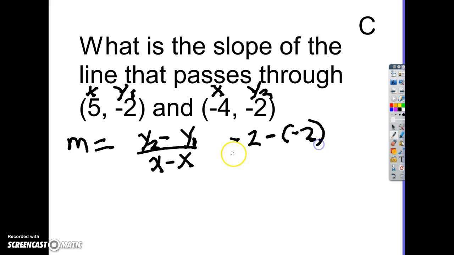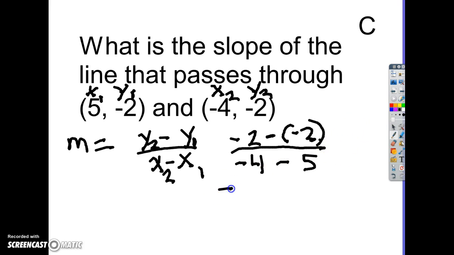And then on the bottom, we're going to take this second value of x, since we started with the second value of y, and that is -4. And then we're going to subtract the first value of x, which is our 5. So we write the 5, and then we put a minus sign between those two numbers.